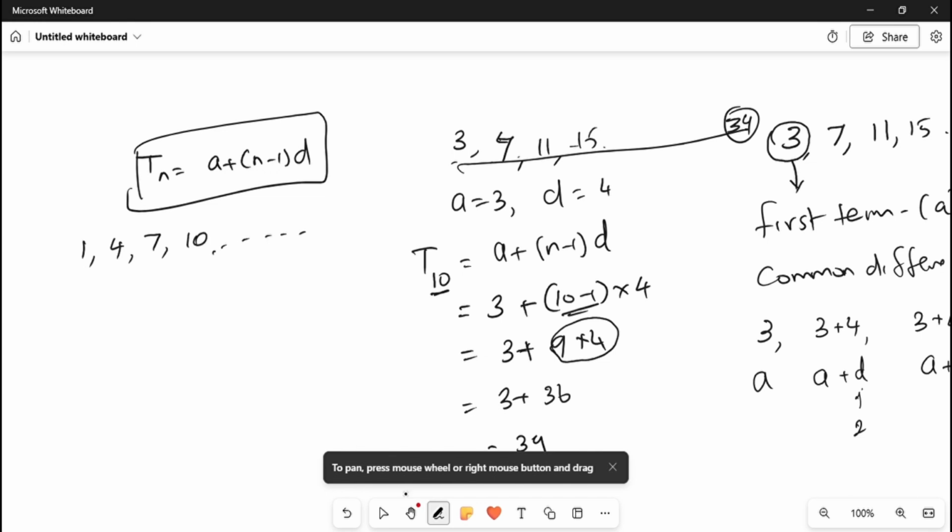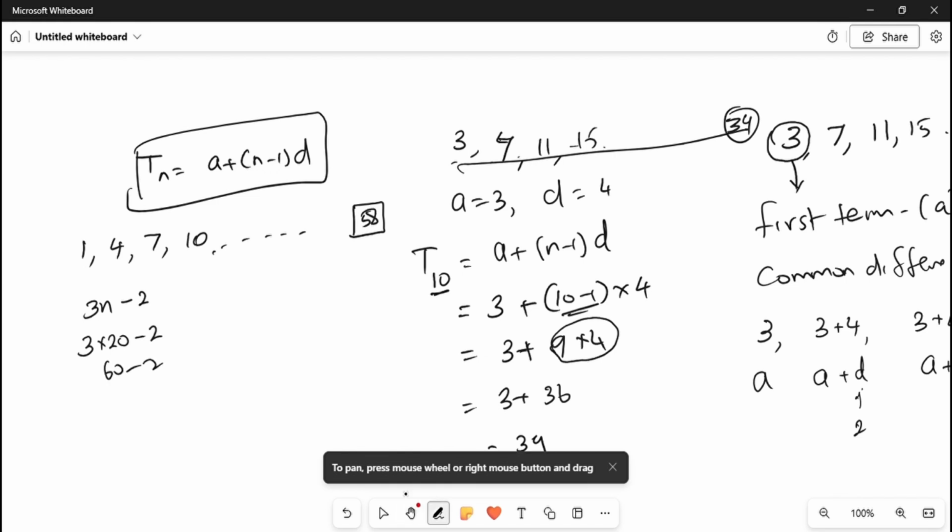If the term is given, as it is increasing by 3n, we can write the general term: 3n minus 2 is the first term. If you want the 20th term, 3 into 20 minus 2, 60 minus 2, 58.